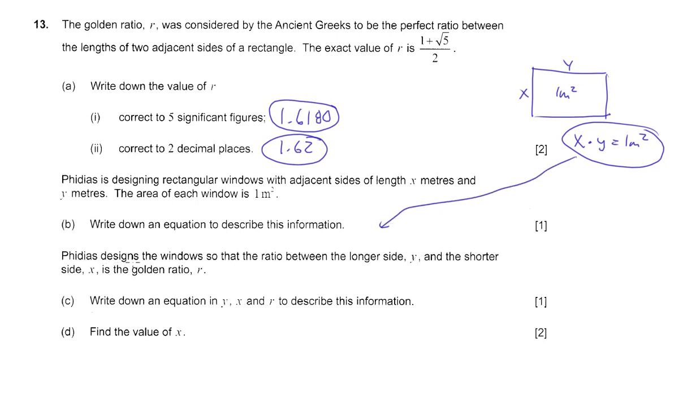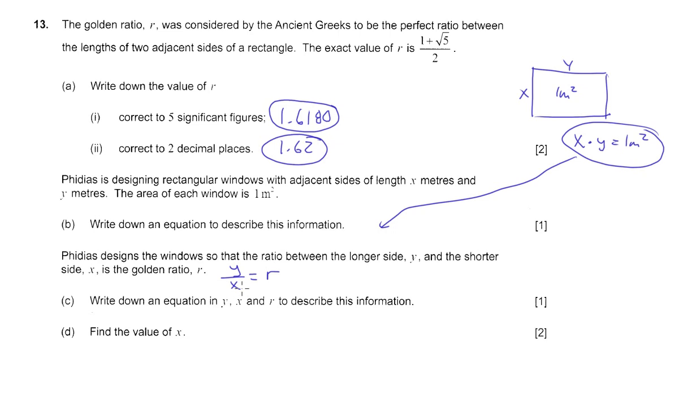Phidias designs the window so that the ratio between the longer side y and the shorter side x is the golden ratio r. So let's see, if y is the longer side and x is the shorter side, and its ratio is 1.6, that means the bigger number y has to be over the smaller number x to get our golden ratio.